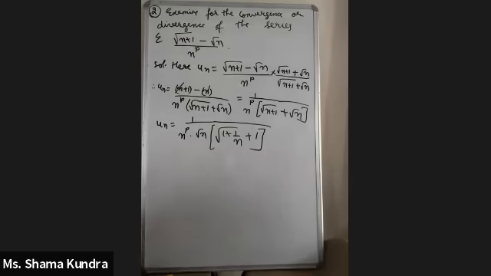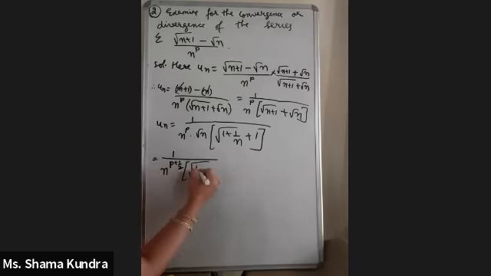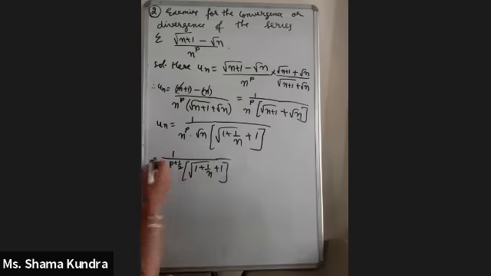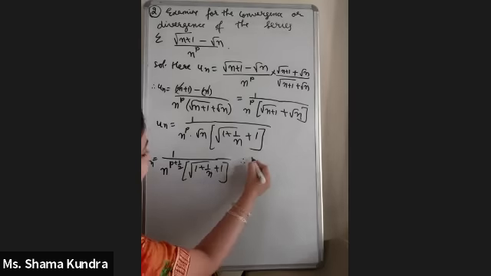Now next step is bases same, powers are added. Under root n means n raised to power 1 by 2. What will we get? n raised to power p plus 1 by 2 into under root of 1 plus 1 by n plus 1. This is our un. Next step is to find vn.